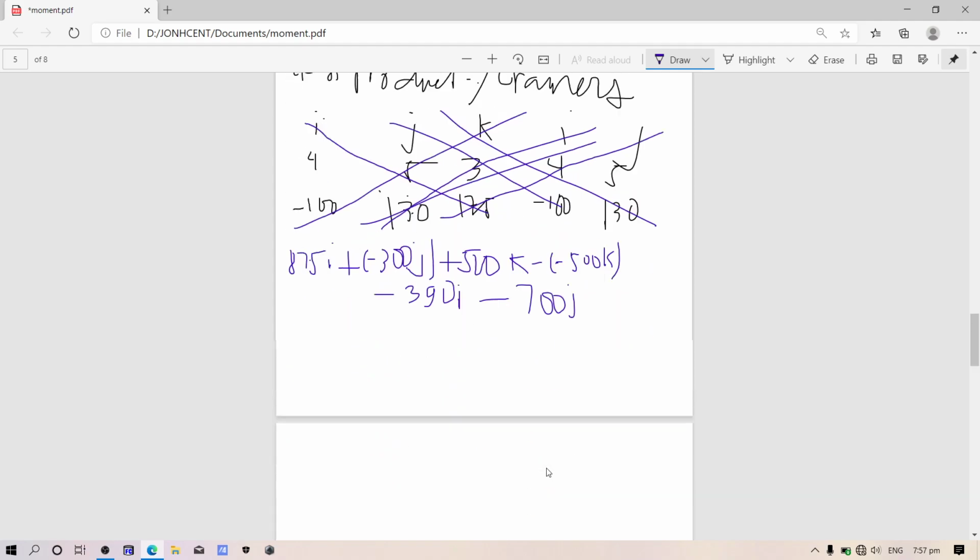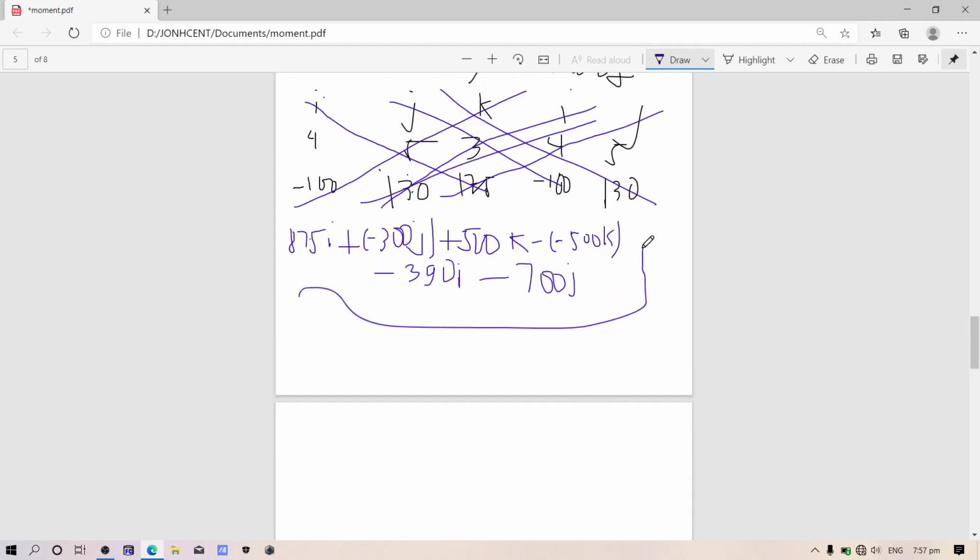So if you simplify this equation, pagsama-sama yung like terms, so that will give you negative 15i plus 400j plus 1020k.